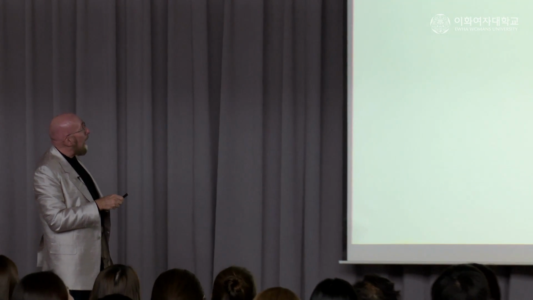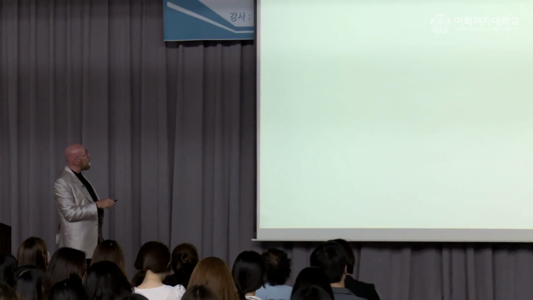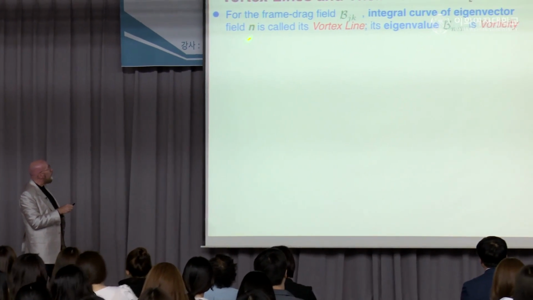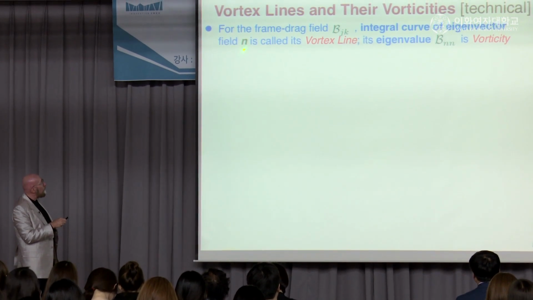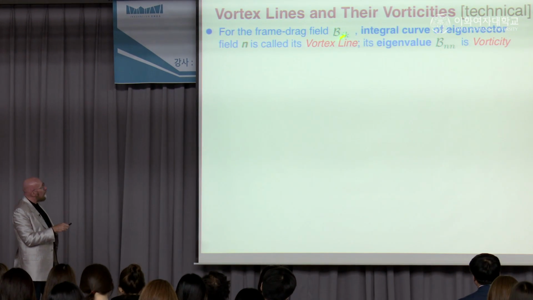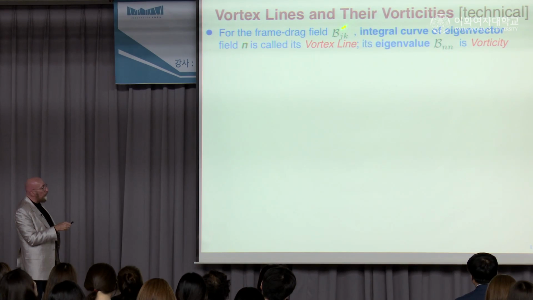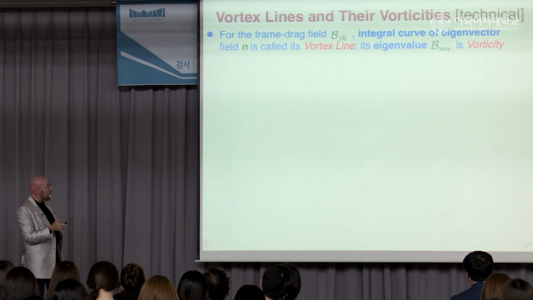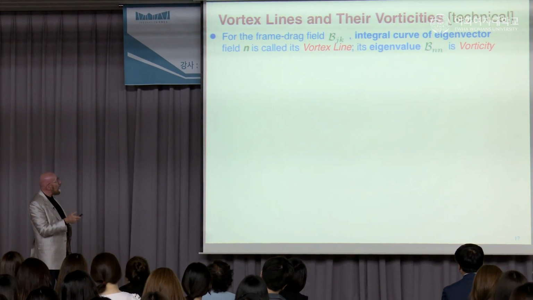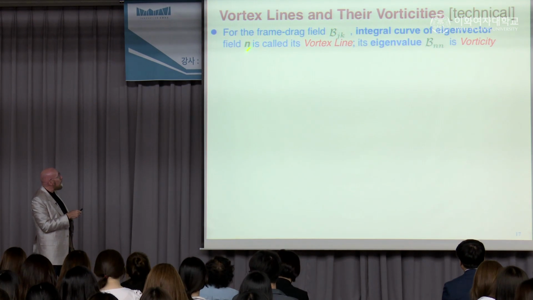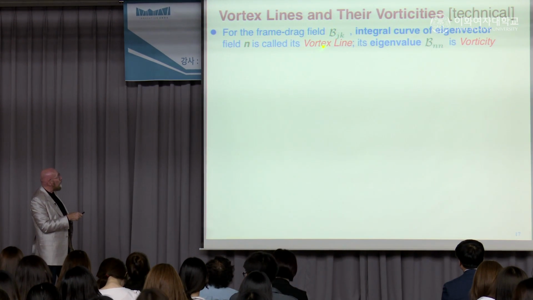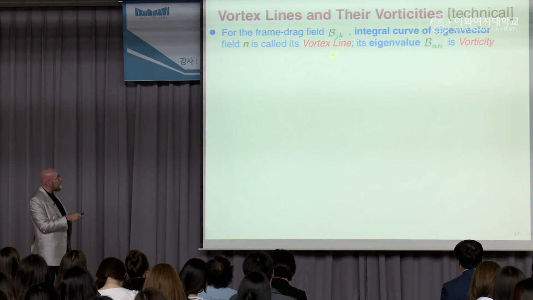For the frame drag field, we call these vortex lines. And these vortex lines are integral curves of the eigenvector field. Let me start over again. The frame drag field is a second-rank symmetric tensor. You can think of it as a matrix. It has eigenvectors, and the so-called integral curves of those eigenvectors are the vortex lines.